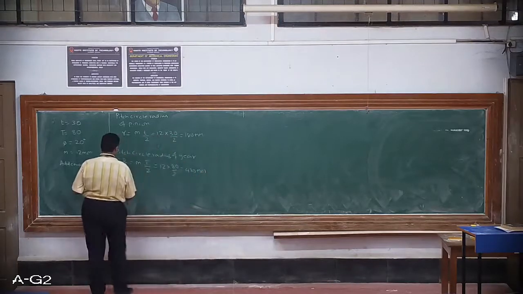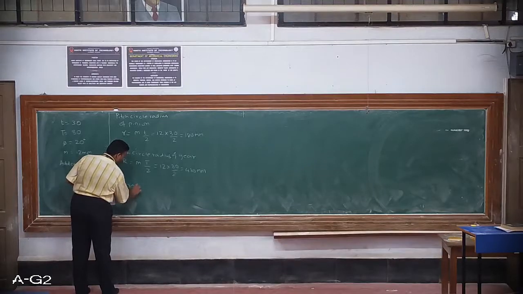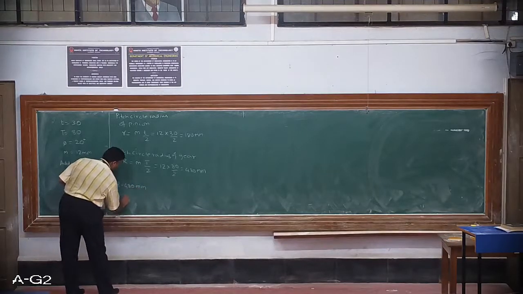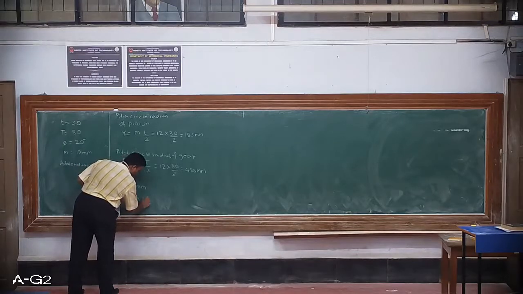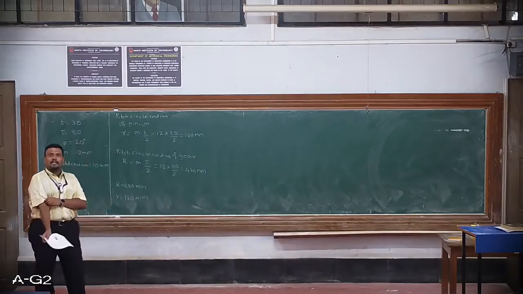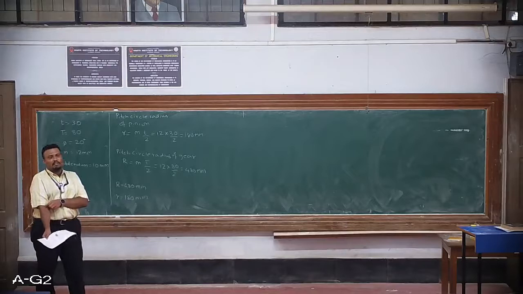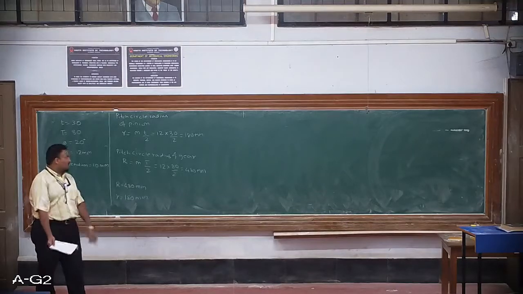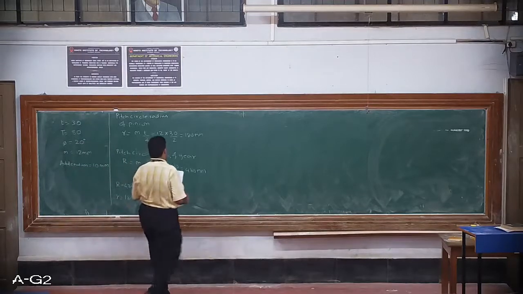So now we have calculated capital R equal to 480 mm and small r equal to 180 mm. Why do we need this? We need this because to obtain the length of path of contact, the equation has the parameters of the addendum circle radius and the pitch circle radius. So we have determined the pitch circle radius.